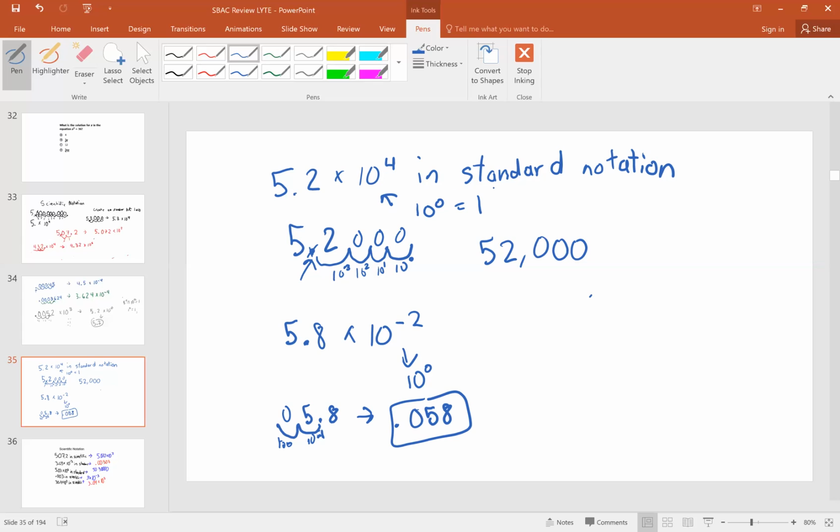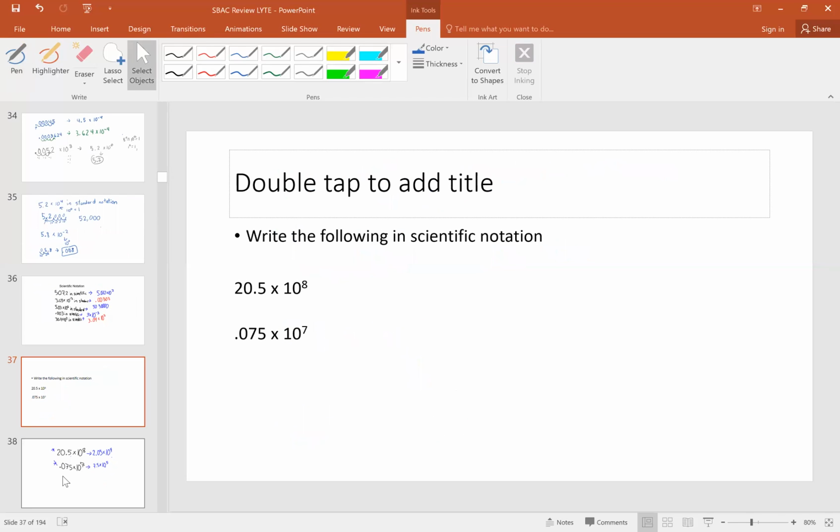So we've gone over the basics of scientific and standard notation. You can obviously try these two problems on your own. You can pause the video at any point to try any problem. But if it asks you to write the following in scientific notation, 20.5 times 10 to the 8th. Well, this is currently in neither scientific nor standard notation.